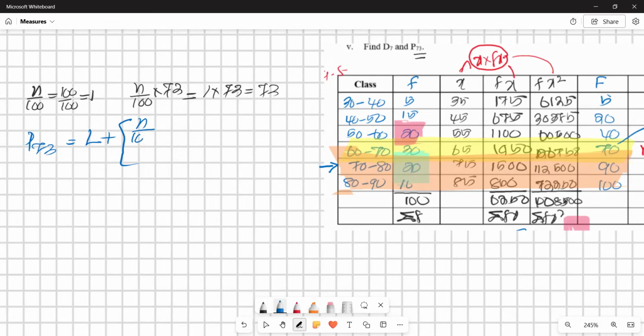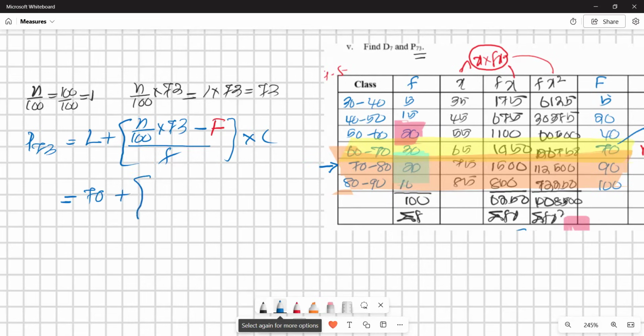plus, n divided by 100 into 73, minus capital F. Sometimes you may study a different formula from outside people. Capital F, the error point, divided by small f, into C. L, the lower class boundary of the selected class, is 70.